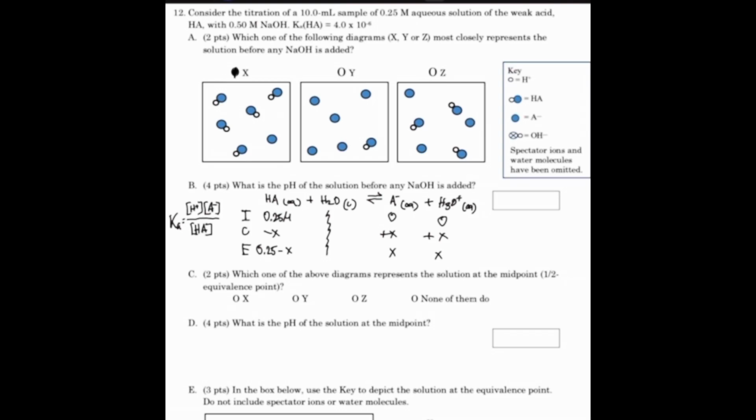Now, to find the pH of the solution before any of the strong base is added, you would use an ICE table based on this Ka formula right here.